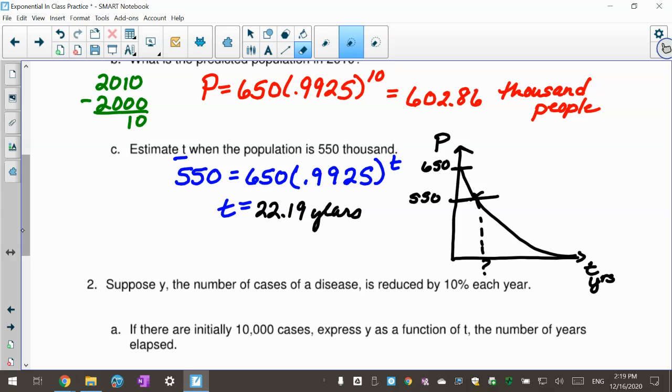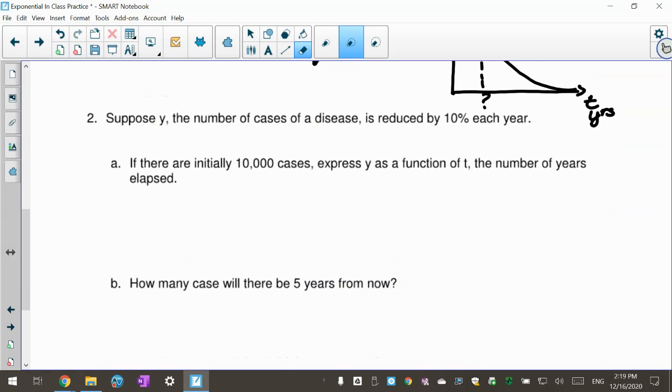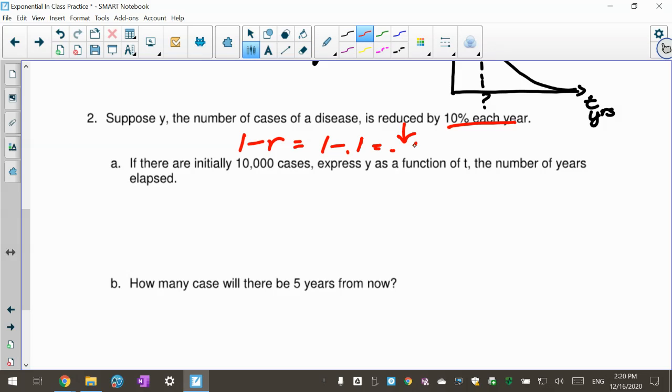All right. The second one says, suppose Y, the number of cases of disease, is reduced by 10% each year. So again, I'm doing percent per year, so I know it's exponential and it's being reduced. So I know this is 1 minus r, so it's 1 minus 0.1, which is 0.9.